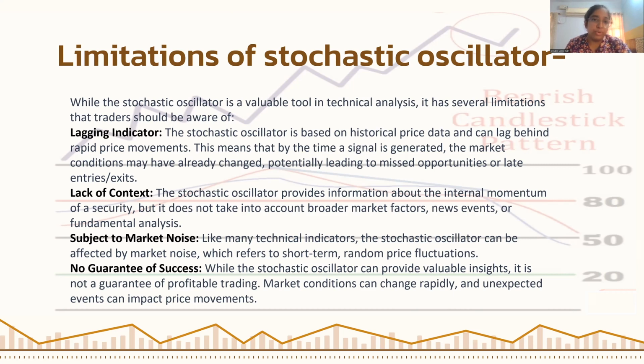The last and foremost limitation is no guaranteed success. While the stochastic oscillator can surely provide valuable insight, it is not a guarantee of profitable trading. Market conditions can change very rapidly and unexpected events can take place which can impact the price movements.